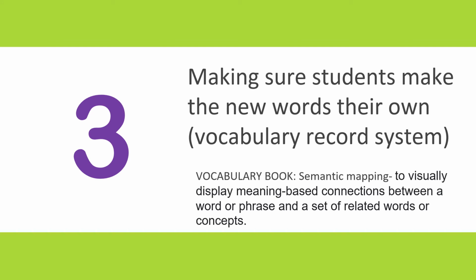Lastly, stage 3 revolves around making sure pupils make these newly learned words their own. Here, we opt for vocabulary book combined with semantic mapping for stage 3, as we perceived it to be the most effective and practical method to be used amongst younger pupils.